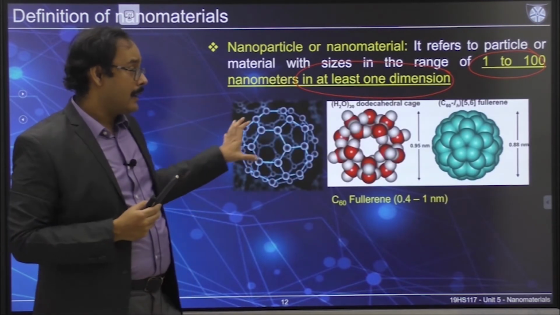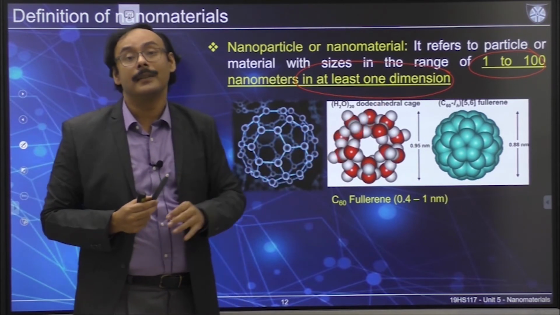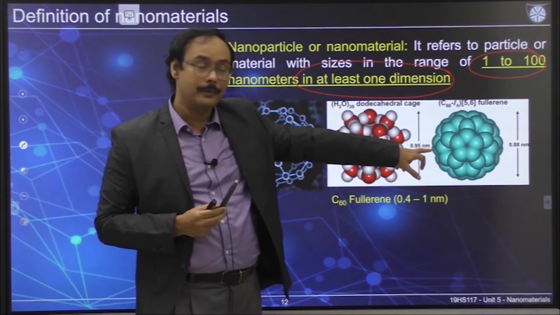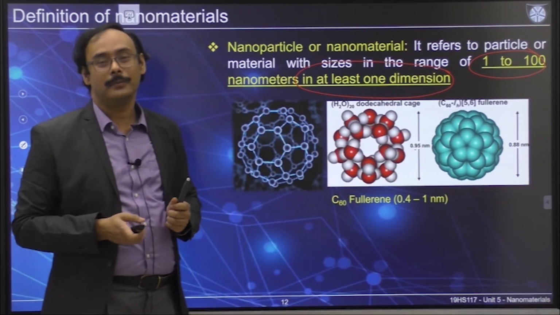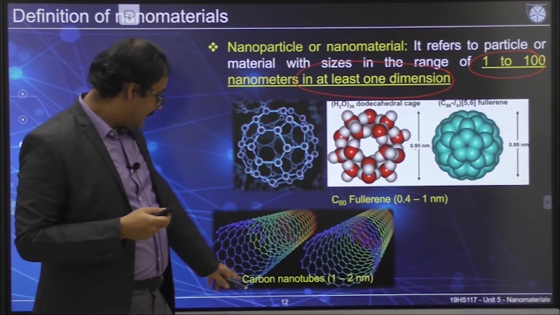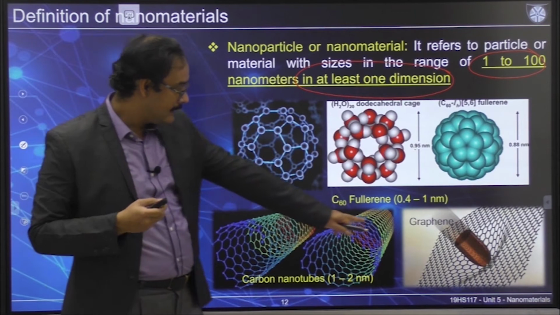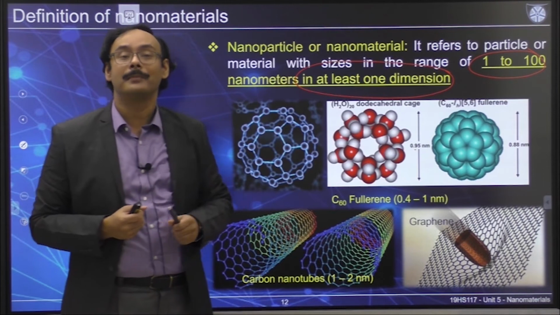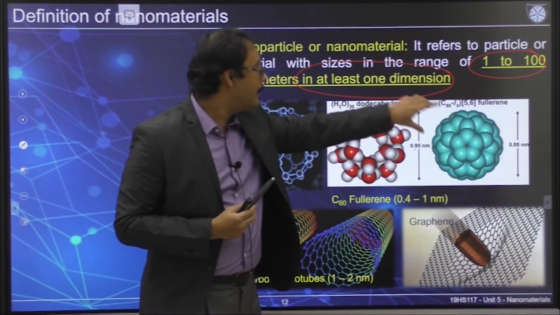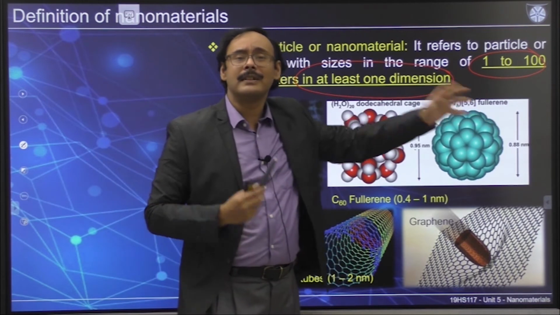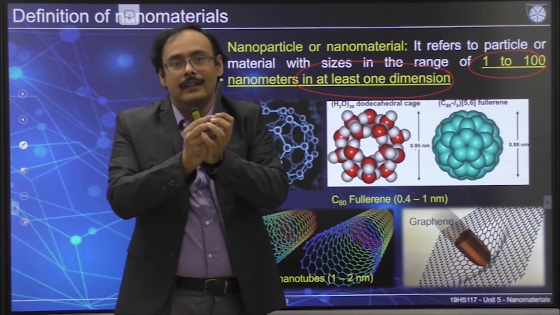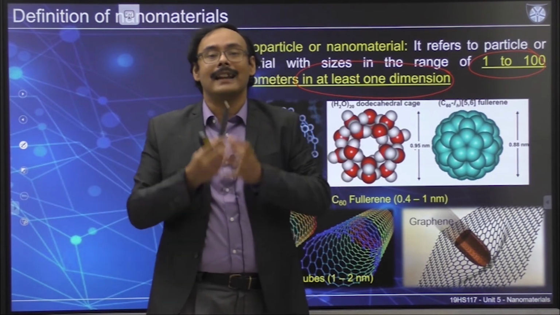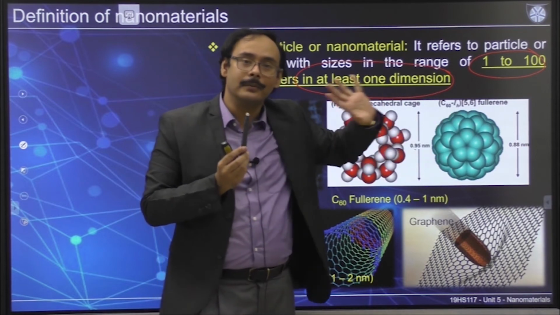So these are some of the examples. In fact, these are the examples that are there in your syllabus. This is a fullerene example. This is around 0.95 nanometer. This is around 0.88 nanometer. It's very small. This is carbon nanotube. This is graphene. When you talk about the dimensions, for example here, it's an almost spherical object. In all dimensions it is under the nanometer scale, so we can call it a nanomaterial.